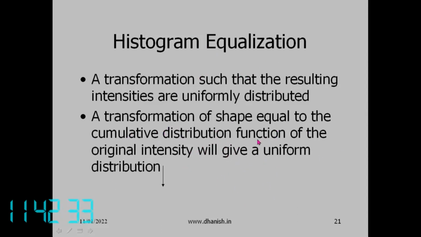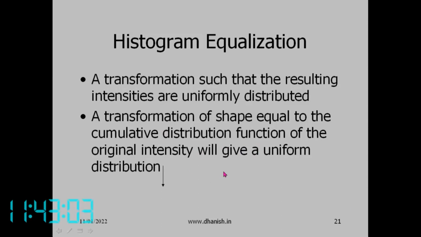So the cumulative distribution function: what is it? It is the sum of all the frequencies so far, the cumulative frequencies. For example, if for intensity 0 the frequency is 10, and for intensity 1 the frequency is 15, then the cumulative frequency for 1 will be 10 plus 15, which is 25.